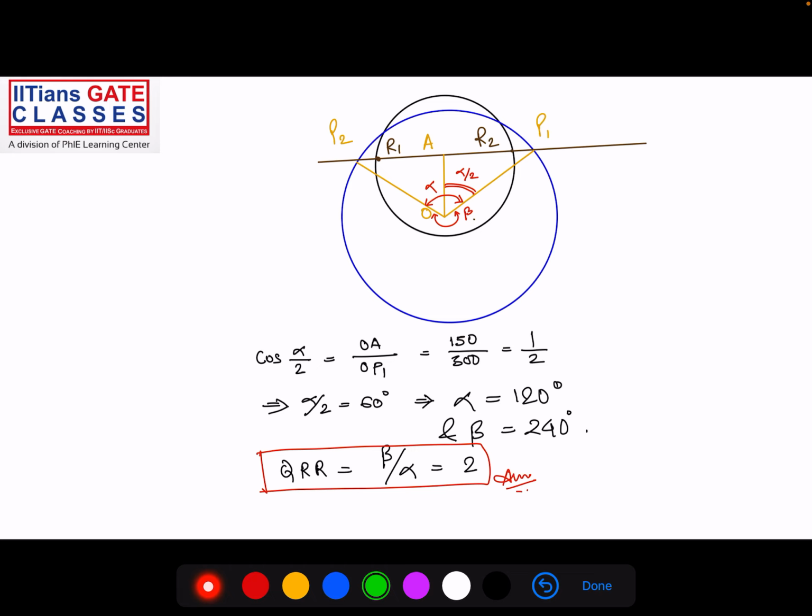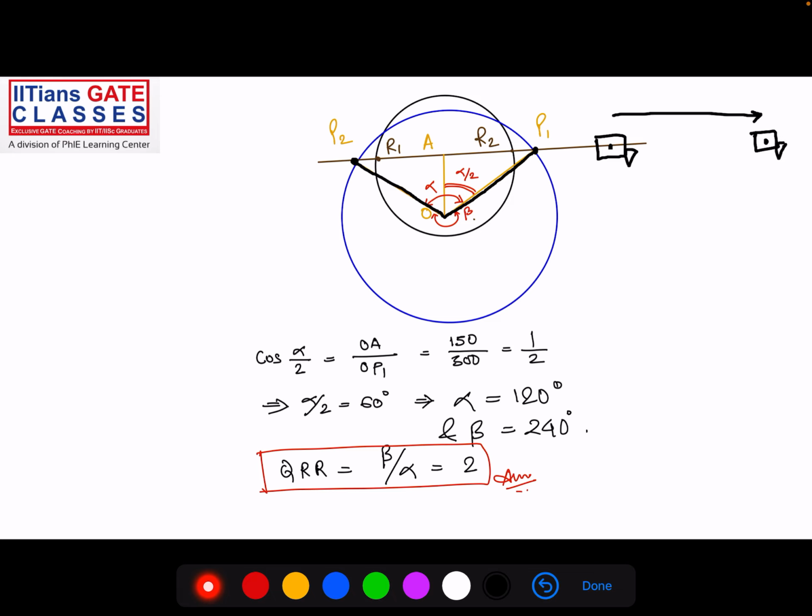Let us see. So basically this is the position. When the crank is at OP1, the ram will be somewhere here, at its left extreme. When the crank is at OP2, the ram will be at its right extreme. So this is the forward stroke or the cutting stroke, right?